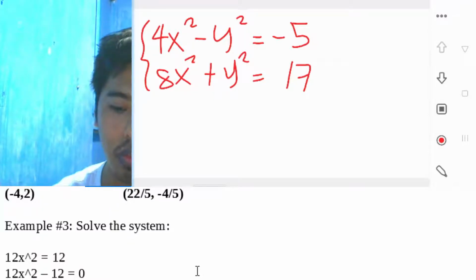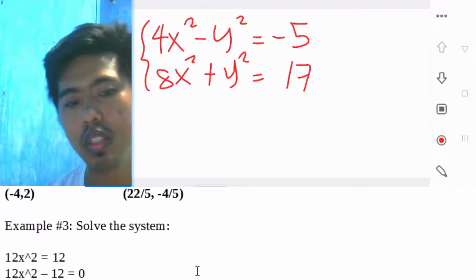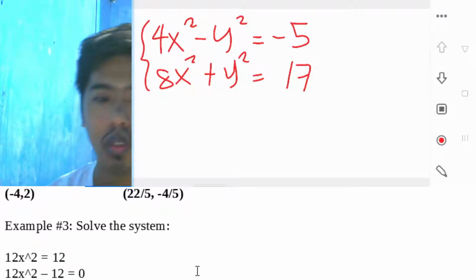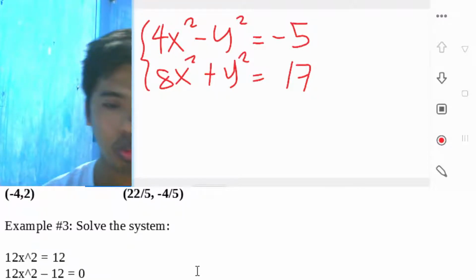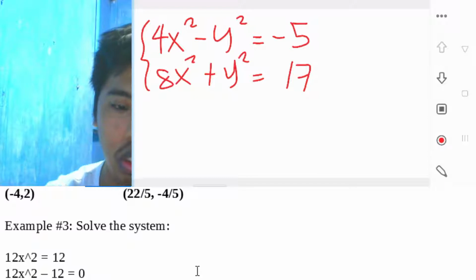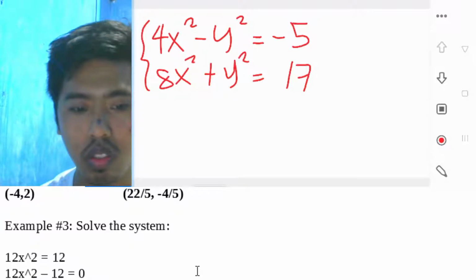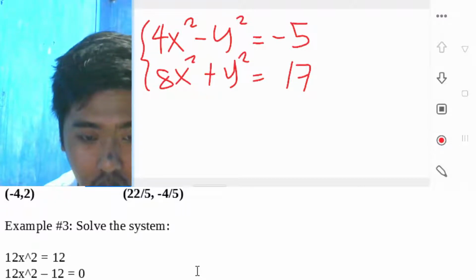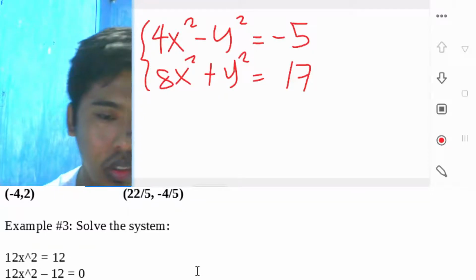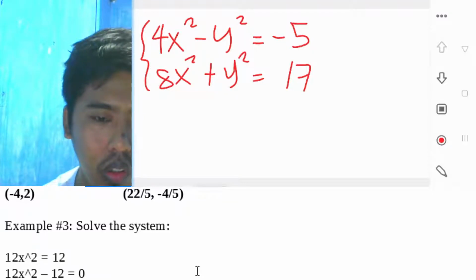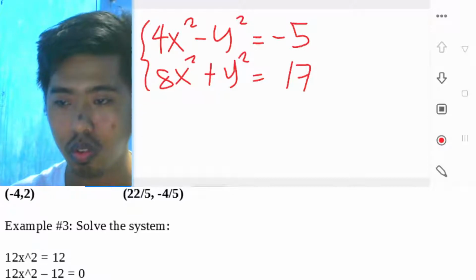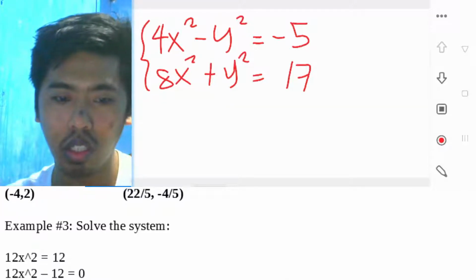Now, since x is squared, we can have two possible answers. You try to think if we can factor this out. This is x, and this is negative 1, then no, we cannot factor it that way, right?